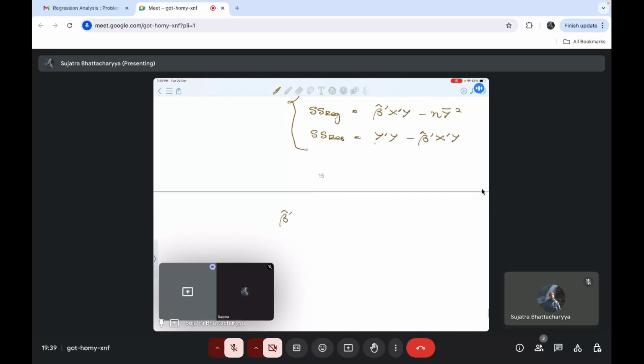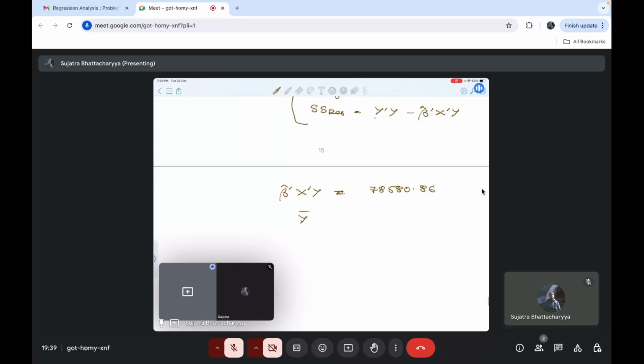So let's calculate. Let us see beta hat prime X prime y, because in these two it is equal. If you do this calculation, you will get the value 78580.86. Let's see what y bar is; easily calculated, 66.98. And the summation of yi square is 80212.95, which is nothing but y prime y.